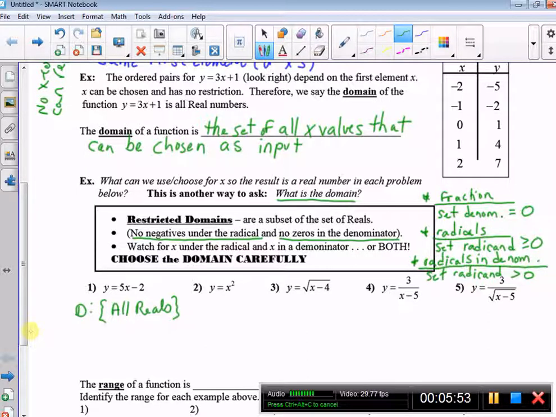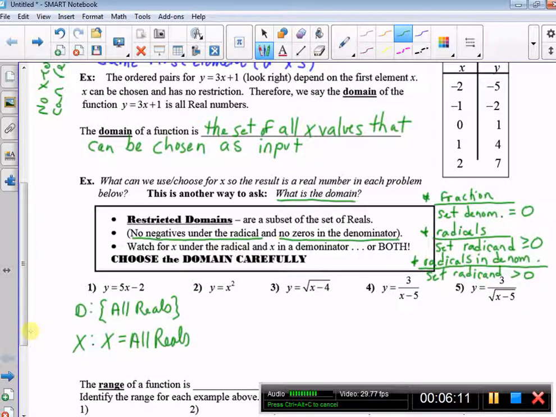So another way to put that could be x such that x equals all reals, because you're talking about the x coordinates.